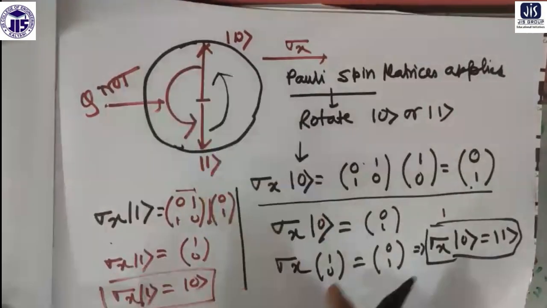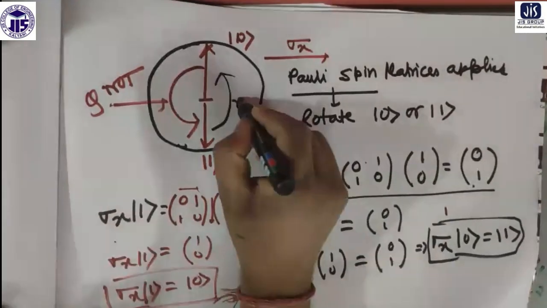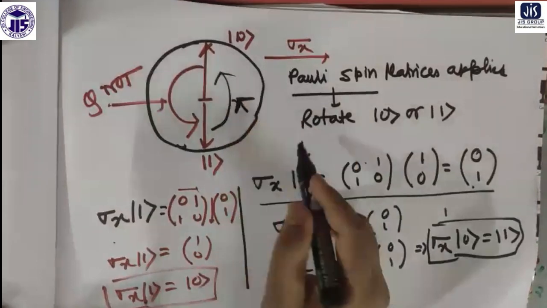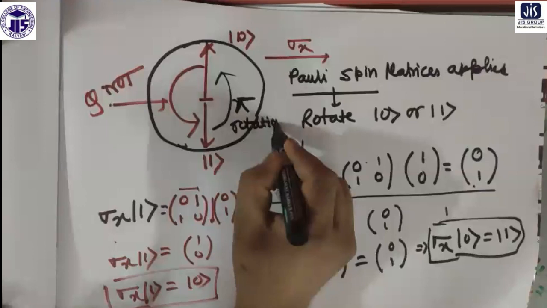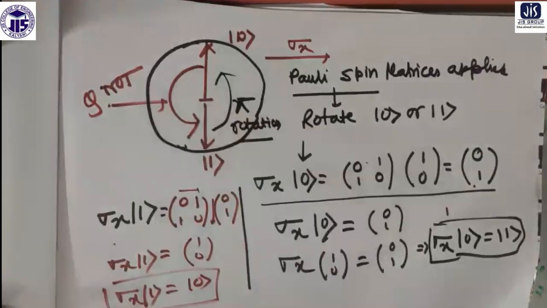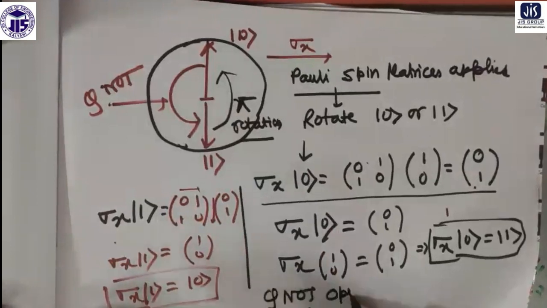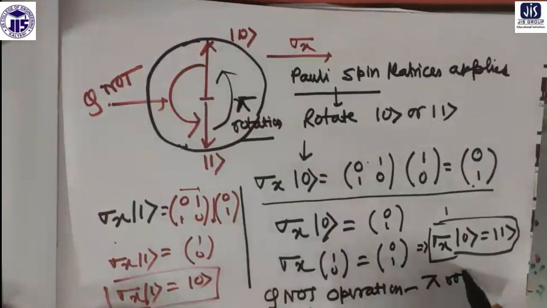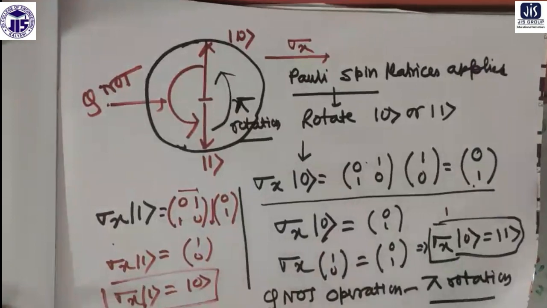So what is actually happening? A pi rotation is taking place, a pi degree of rotation. The quantum NOT operation means rotating the vector by an angle pi with the help of an external magnetic field.